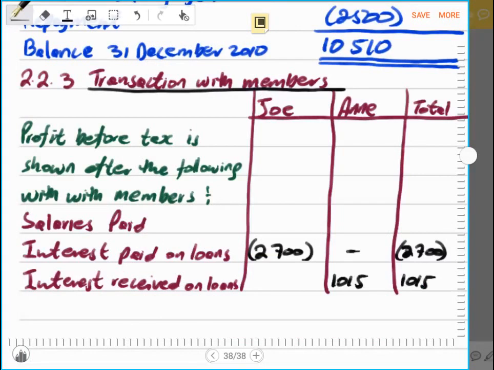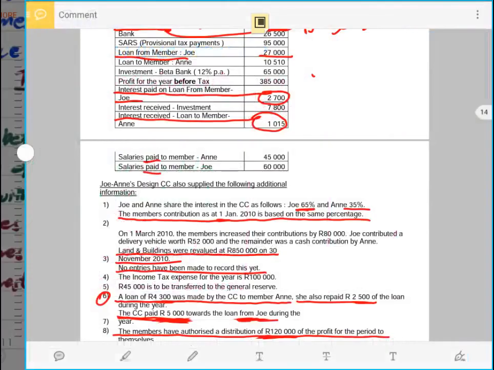Remember, the minute it is without brackets, it indicates inflow of cash to the close corporation, because the close corporation is receiving. So whenever the close corporation receives, we record an amount without brackets indicating inflow of cash. However, whenever the close corporation makes a payment in terms of an expense to a member, then that will have to be indicated with brackets as outflow of cash.